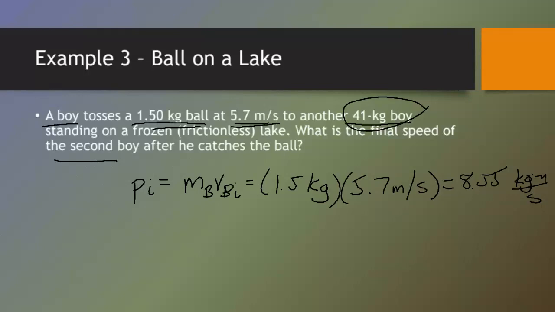Now the final momentum is what we're interested in because we want to know the final speed. The 41 kilogram boy catches the 1.5 kilogram ball. And so the final mass of the two together is 41 plus 1.5, or 42.5 kilograms.